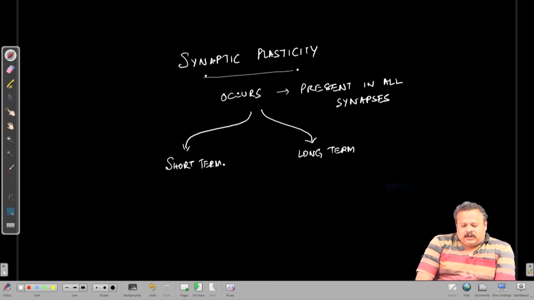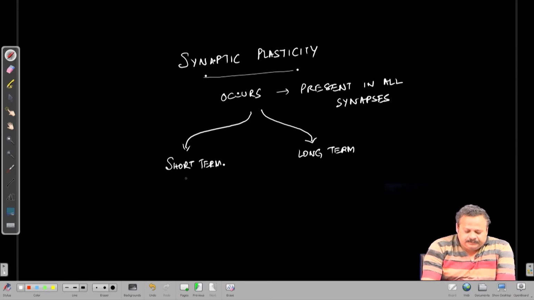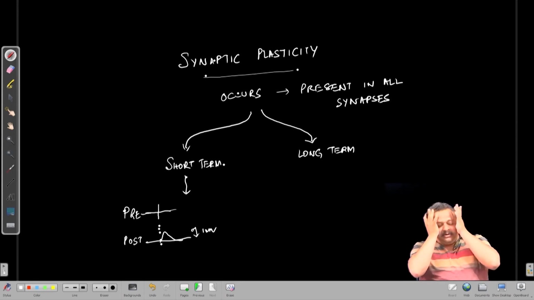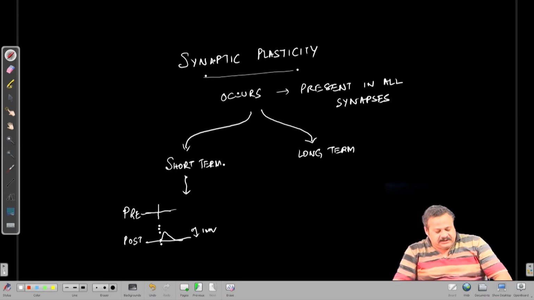So, what we mean by short term plasticity is that let us say we measure the synaptic strength for a particular synapse by producing a spike in the presynaptic neuron, and we do averaging, and on the postsynaptic side we measure the membrane potential and the EPSP. So, let us say this is a 1 millivolt EPSP that we see on average due to the spike in the presynaptic side.